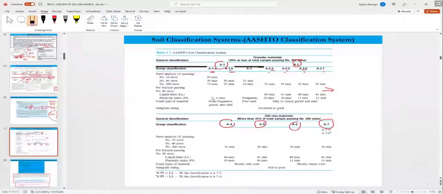For each and every class, knock out if it doesn't qualify based on what is contained in sieve number 10, number 40, number 200, or the AASHTO limits. It does not qualify for that particular class. So let's knock off one by one. Okay, let's do an example.